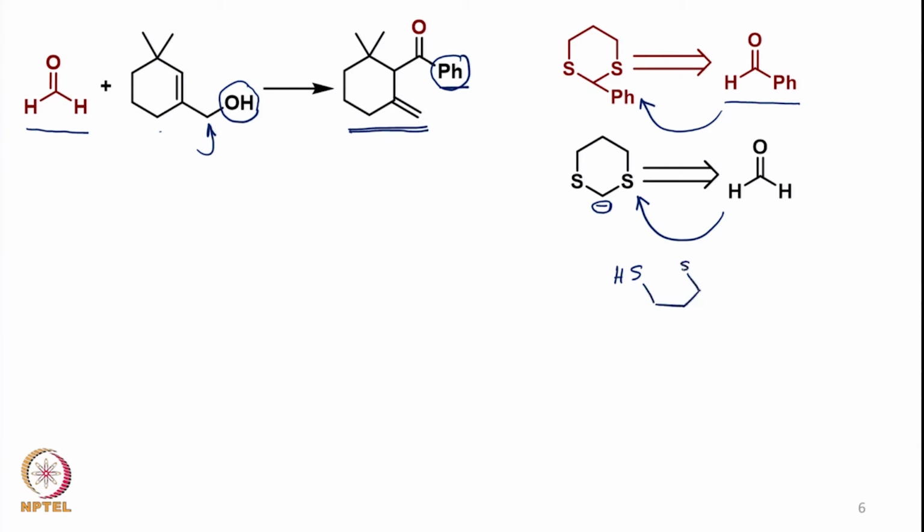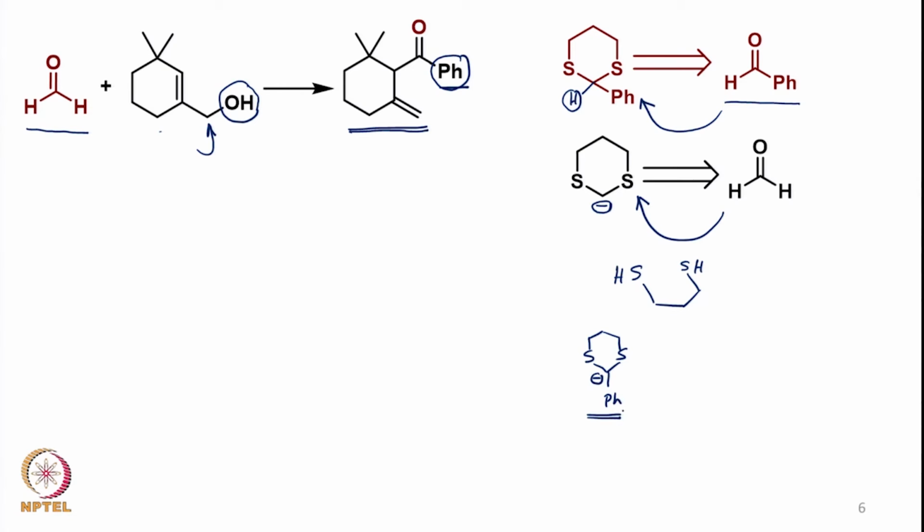So if we have this dithiol, then we count 1, 2, 3, 4, 5 and the carbon number 6, so we can make a 6-membered such substrate. Then we can remove this particular proton by butyl lithium and generate the corresponding species having a phenyl ring here. So one can have a nucleophile of this kind.